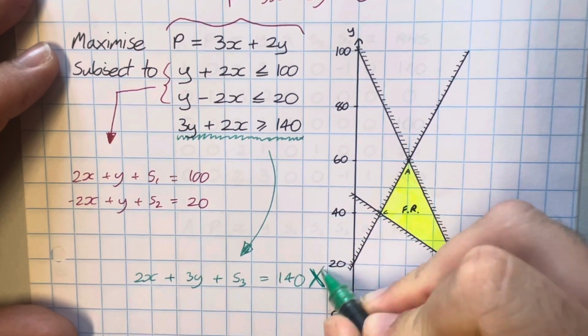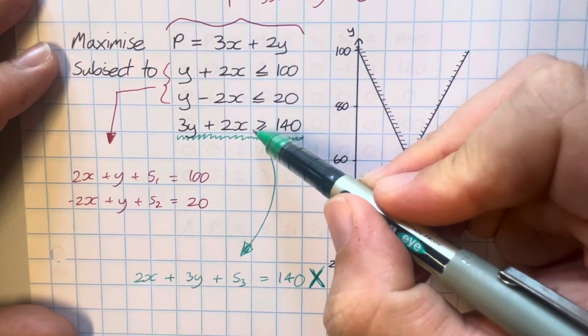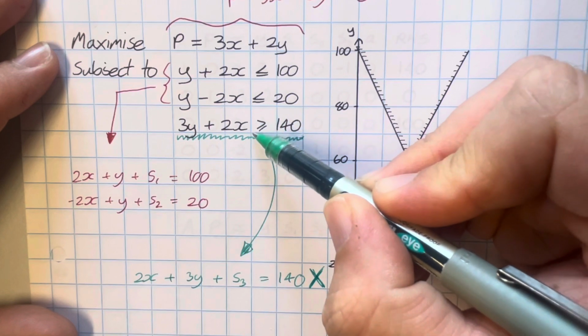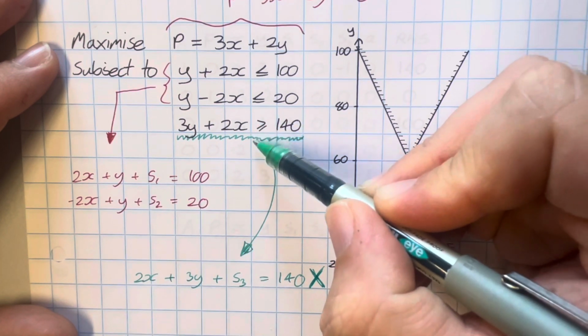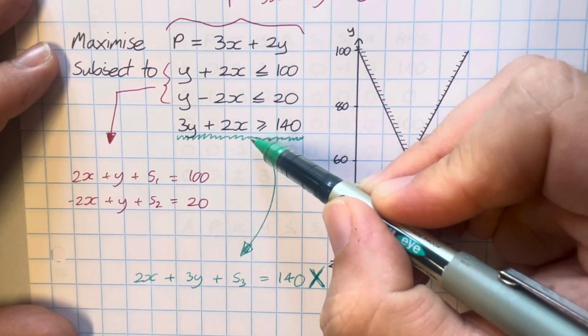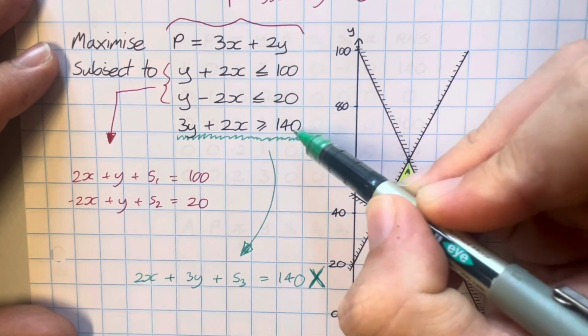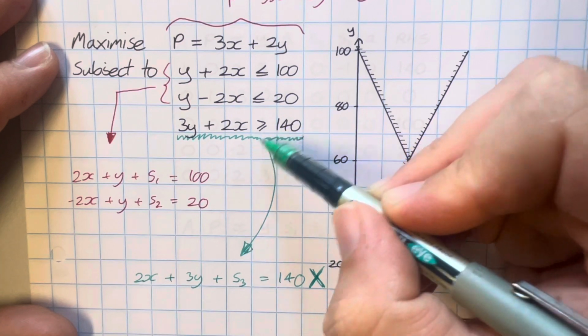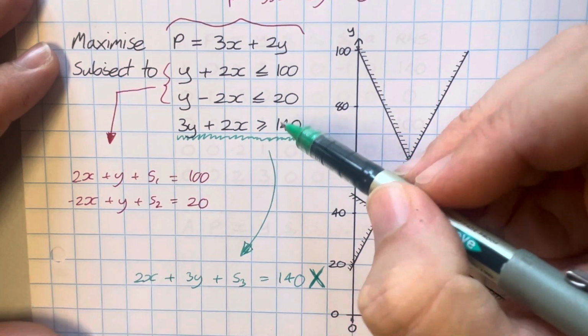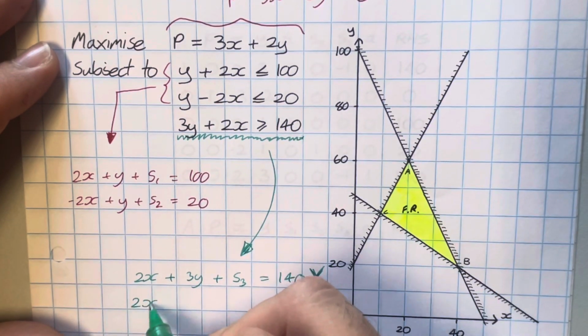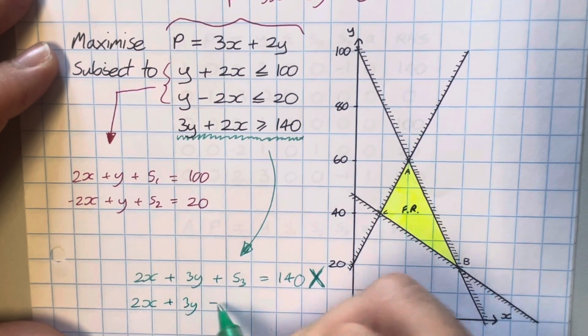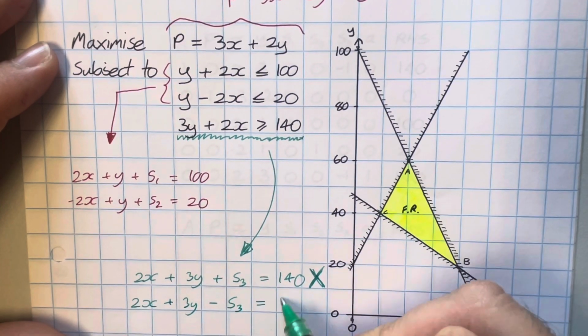So this is actually wrong because we need to be taking up anything that is above the value of 140, not below the value of 140 as it would with a slack. So what we should do is 2x plus 3y minus a surplus variable equals 140.